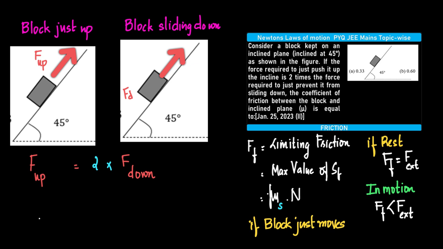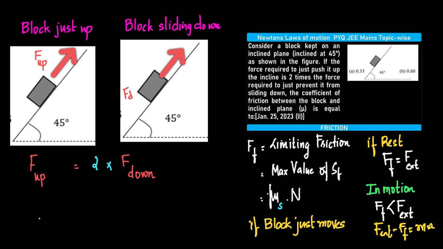If the body is in motion, the friction force is less than the external force, and there is a significant difference between F external minus F friction, which actually gives the body some acceleration, right? Of course, this friction is now kinetic friction and not static friction. So yes, we do have this understanding of the basic concept of friction.